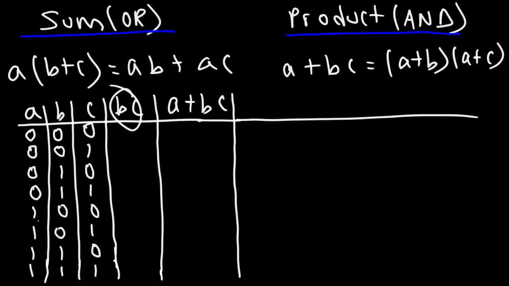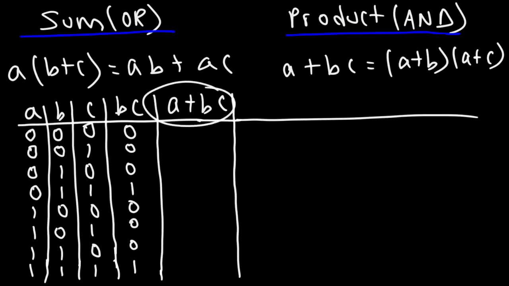So B times C, 0 times 0 will give us a 0. 0 times 1 is 0. 1 times 0 is 0. 1 times 1 is 1. Here we have 0 times 0, and then 0 times 1, and then 1 times 0, and then 1 times 1 is 1.